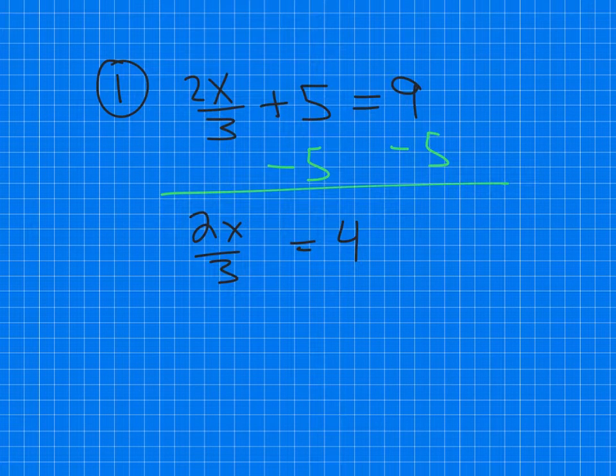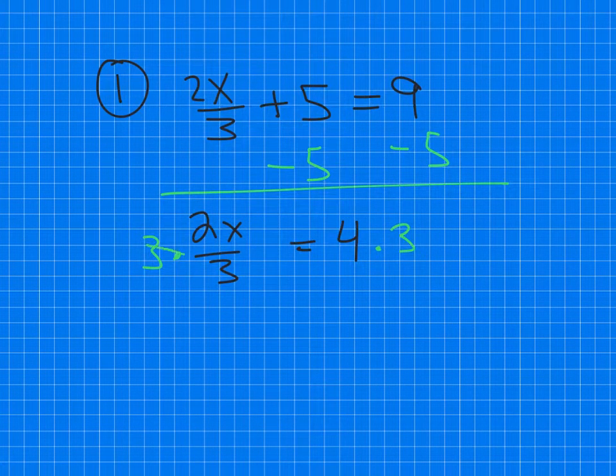Now there's a couple ways you can go on from here. My favorite way is to break this into two steps, because I like to think of this as I need to undo dividing by 3 and I need to undo multiplying by 2. So I like to undo the 3 first, so I'm going to multiply both sides by 3.